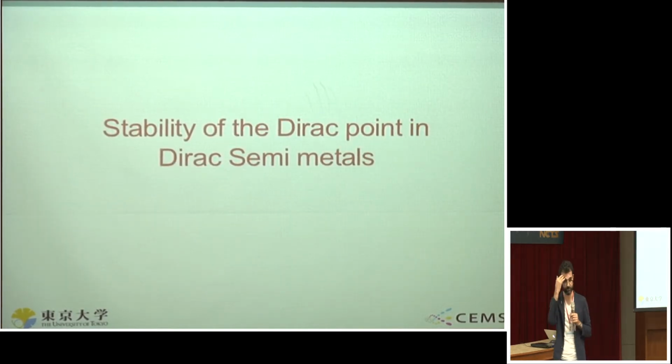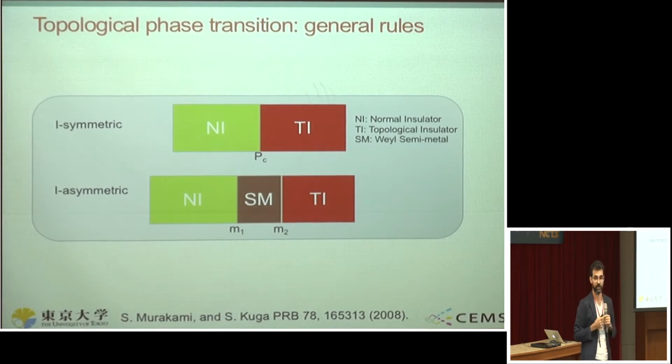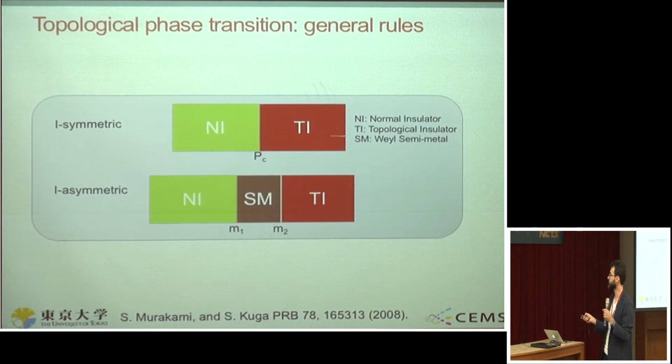So we know that you can have very interesting topological Dirac semimetals, but we still don't know much about the stability of these Dirac cones and how they can be stabilized in a bulk system. In the cases where we have inversion symmetry and time reversal symmetry, if we rely on our basic knowledge of topological phase transitions, what we know is that if you have a tuning parameter, like pressure or temperature, and you change it, you go from a normal insulator to a topological insulator.